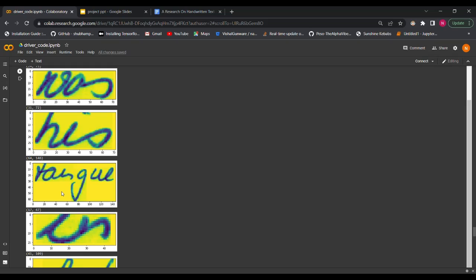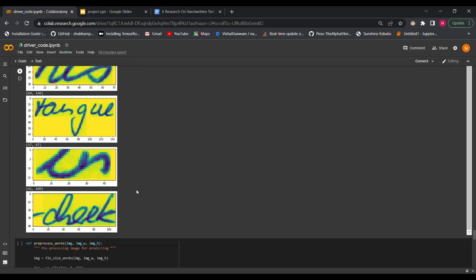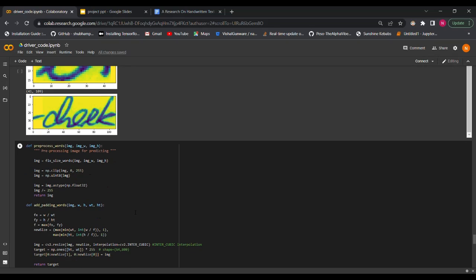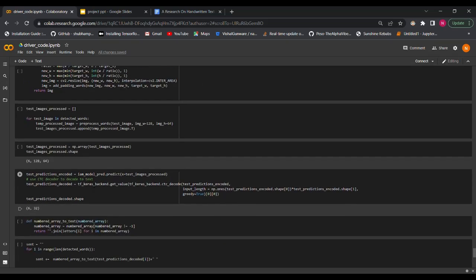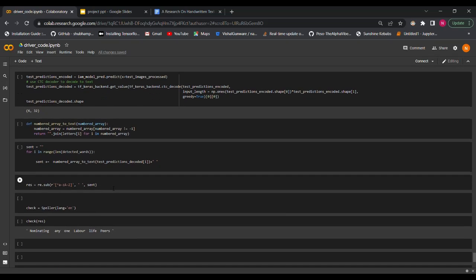The image that we get from our first model is being sent to our second model. We are pre-processing every word image here and sending them to the second model to predict an output. This is an example of our output, as you can see.